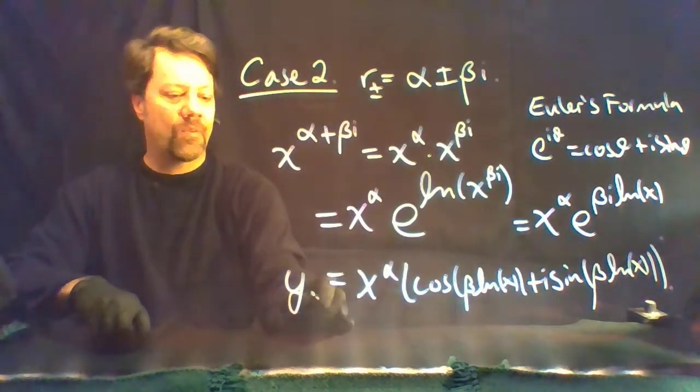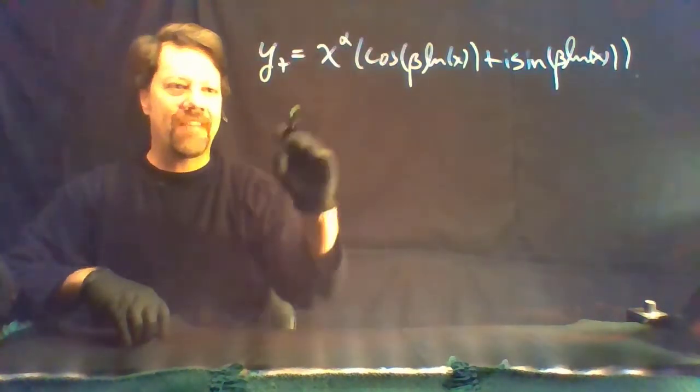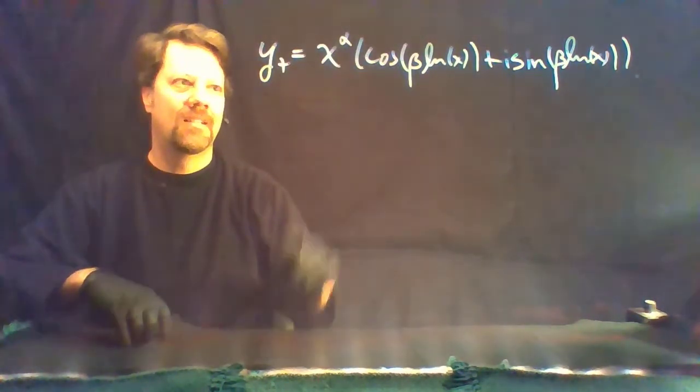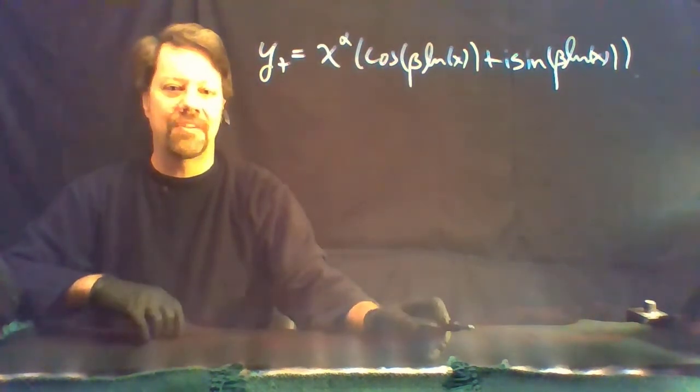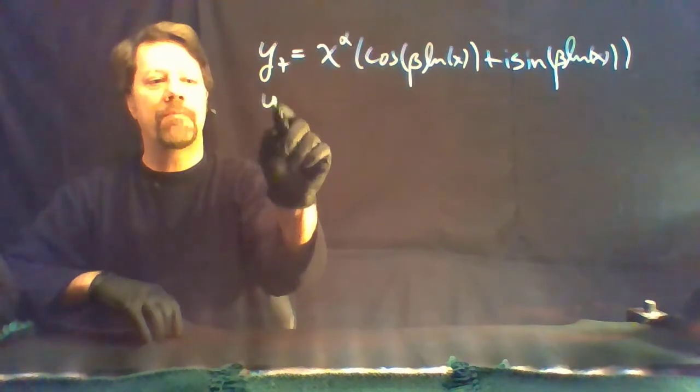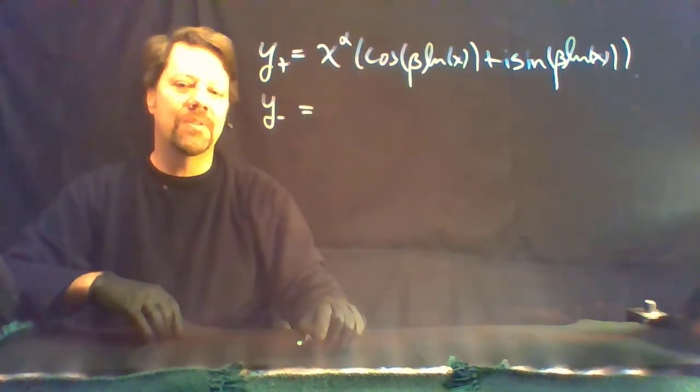And that is one of our solutions. At least we have a solution. But the problem with this solution is that it is complex valued. However, we've played this game before. We know what to do.